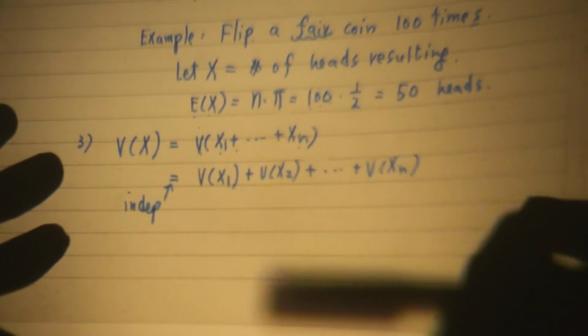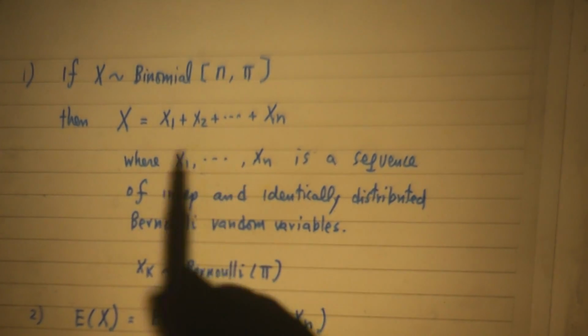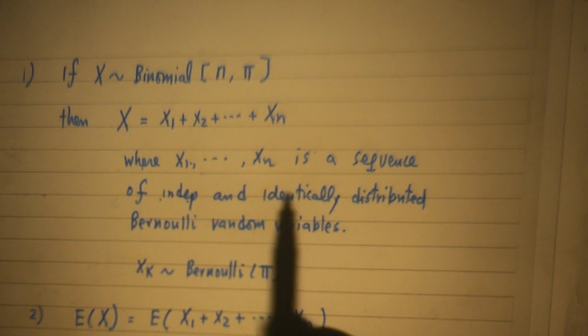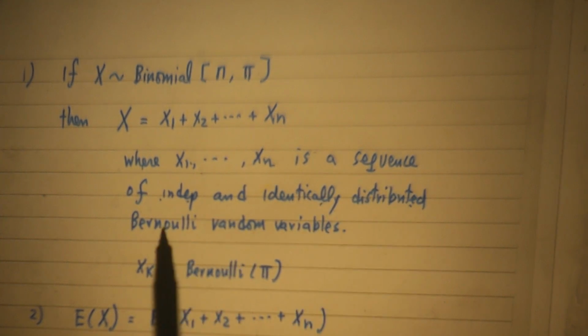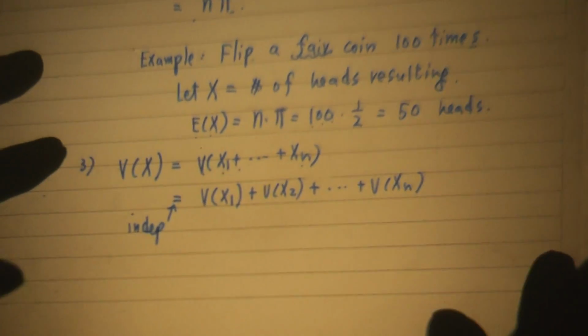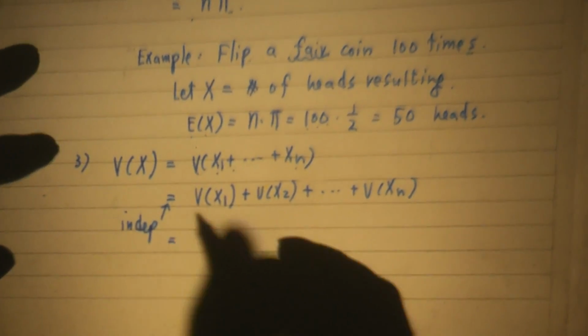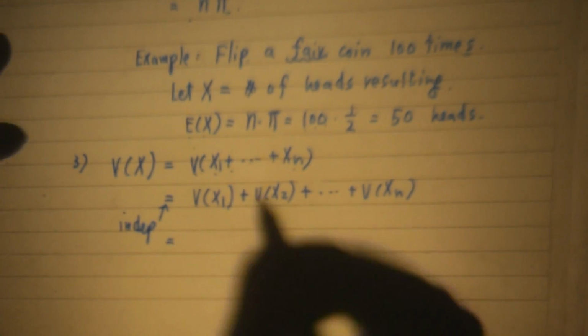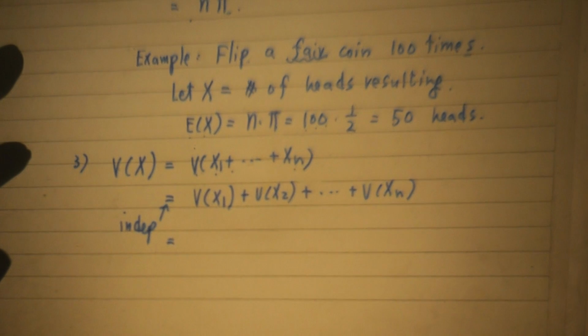But do we have the independence assumption here? The answer is positive. Look at here. We say x1 up to xn is a sequence of independent and identically distributed Bernoulli random variables. So we do have independence here. So this operation is legitimate. Now, let's recall, what is the variance of a Bernoulli random variable?